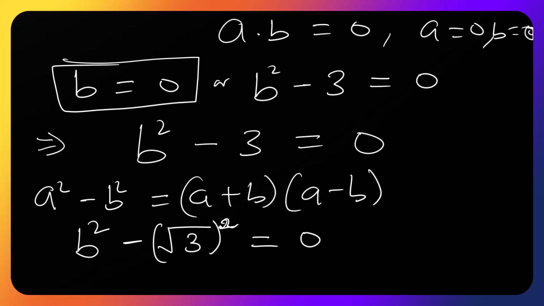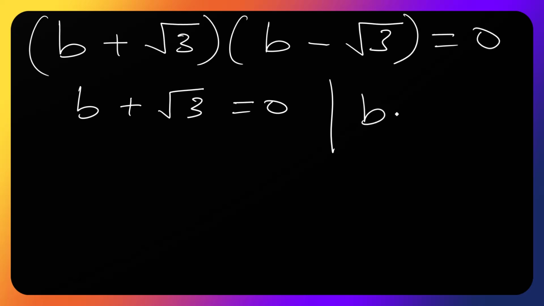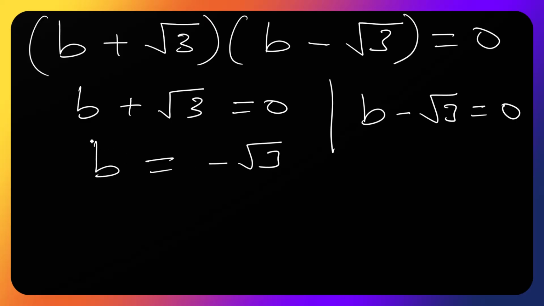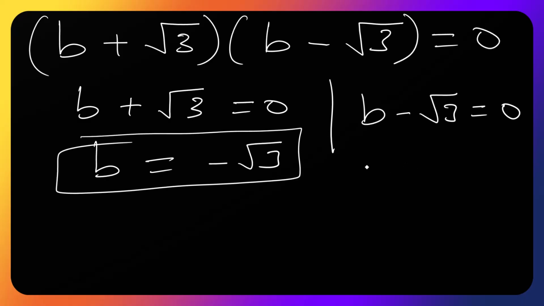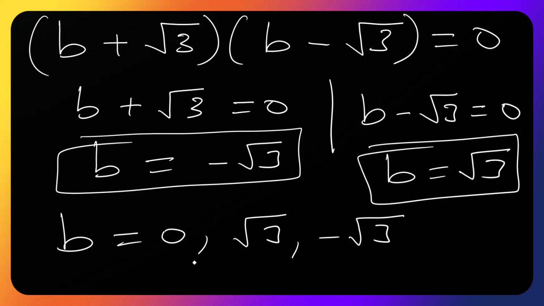So we can say b plus square root of 3 equals 0, and b minus square root of 3 equals 0. My first answer here will be minus square root of 3. That's the second solution. And the third one will be b equals square root of 3. So the 3 solutions here are b equals 0, b equals square root of 3, and b equals minus square root of 3.